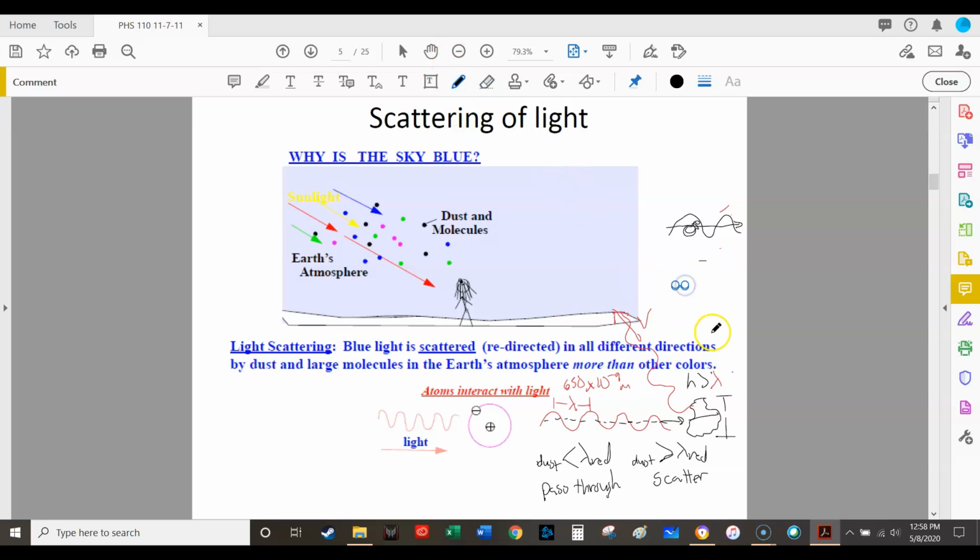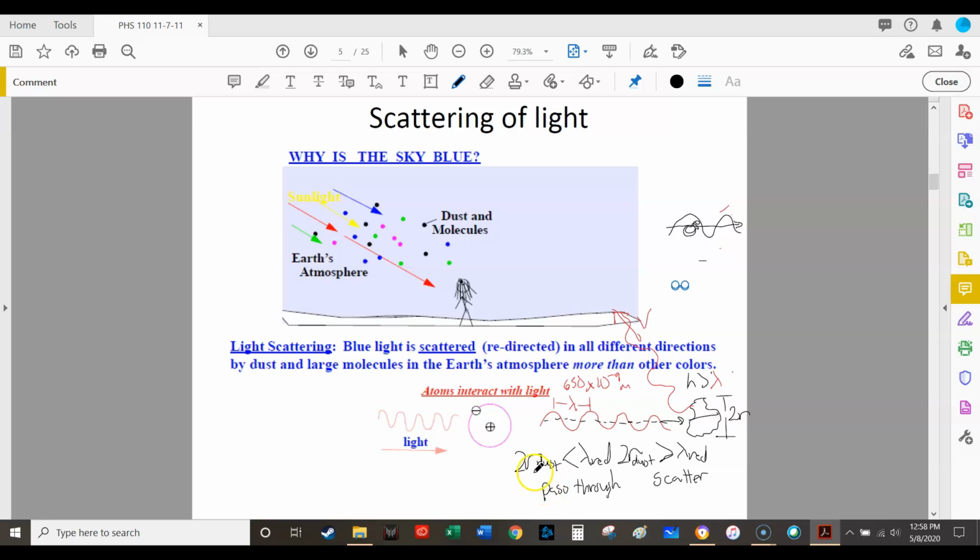This is going to be 2r, the diameter of the dust particle, right? It's the overall average cross length size of it.